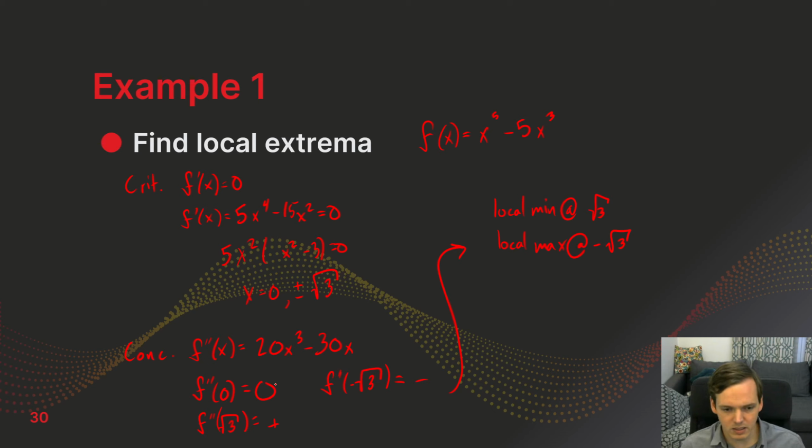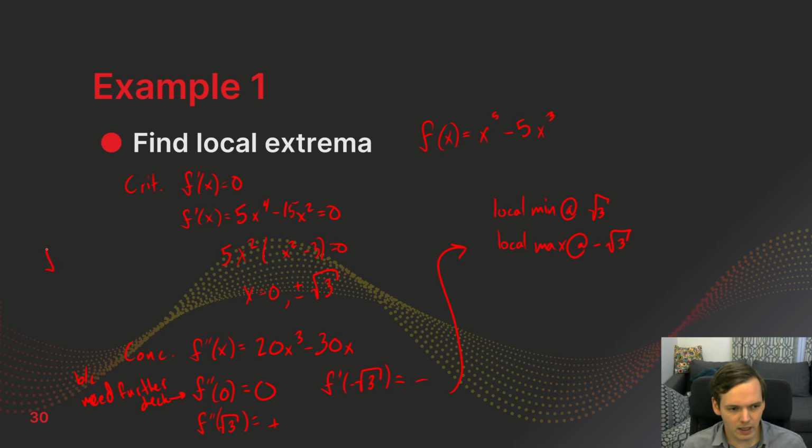Because it's 0, that tells us it could be an inflection point. We need to check to see if it is an inflection point.